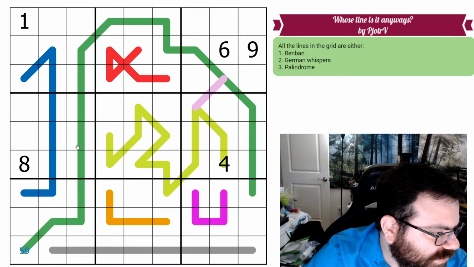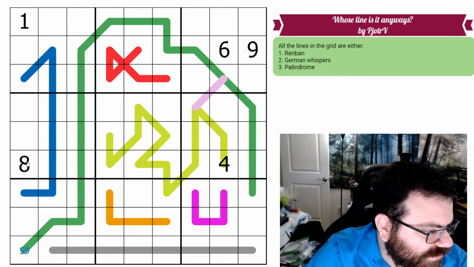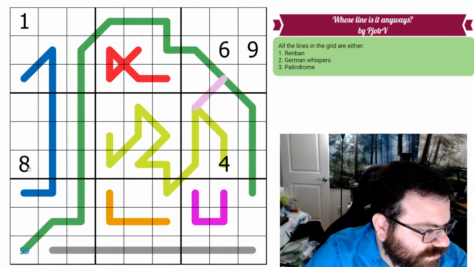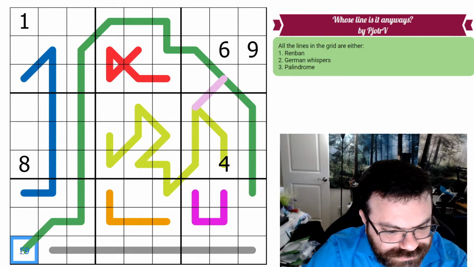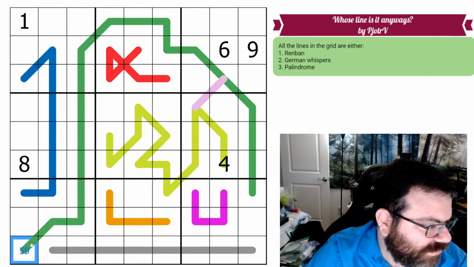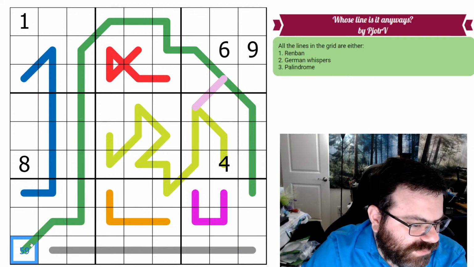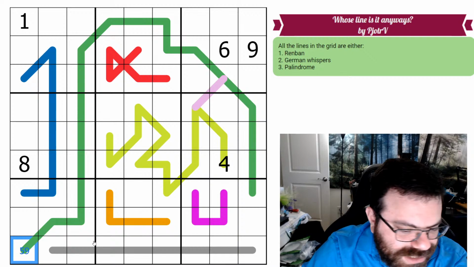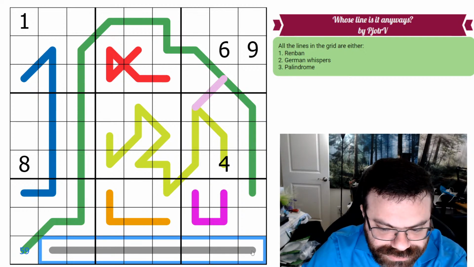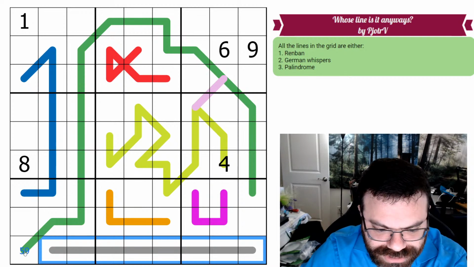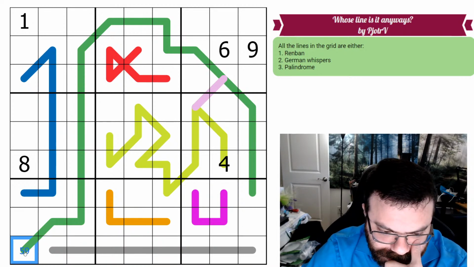How does this work? Right. Yeah, I kind of went through that. I could go through it again. So if gray is Renban, then green is 9, forcing it to be whispers.